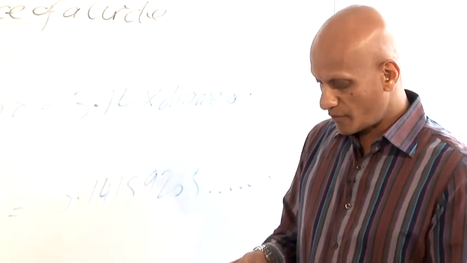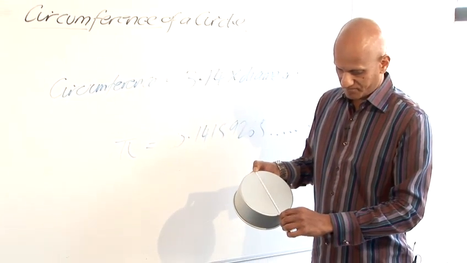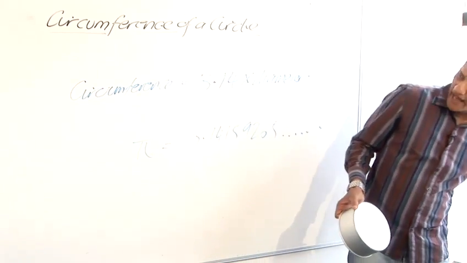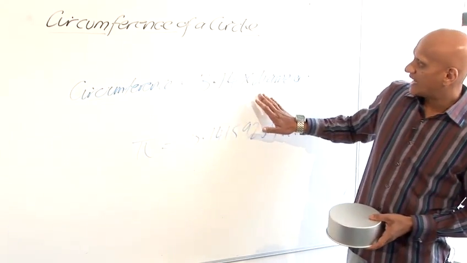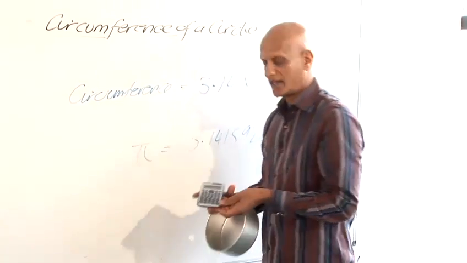Okay, so to work out the circumference of my circle, I'm going to first of all measure the diameter of the cake tin, which is 18 centimeters, and then I'm going to multiply that diameter 18 by pi, by 3.14, which I can do on a calculator.